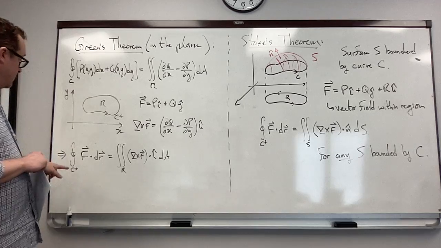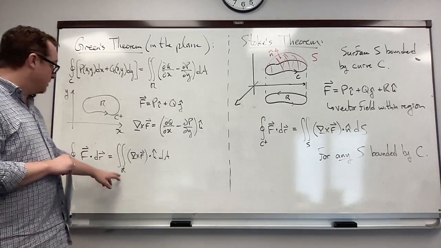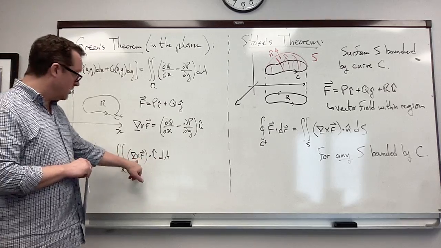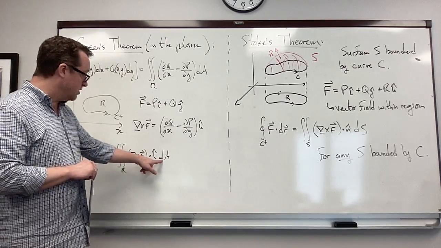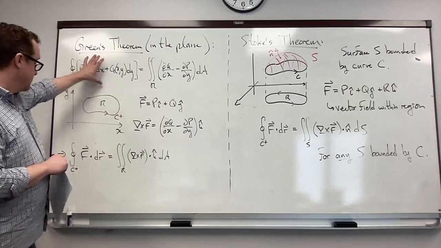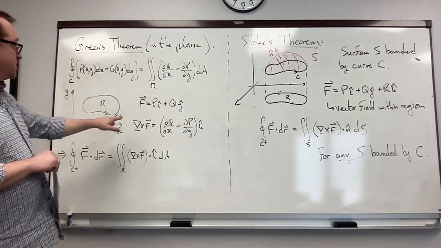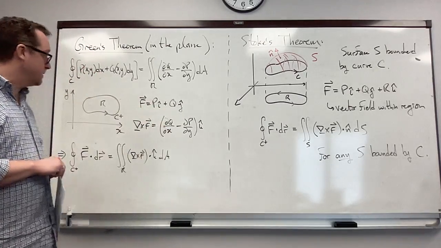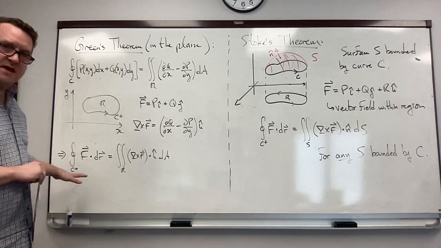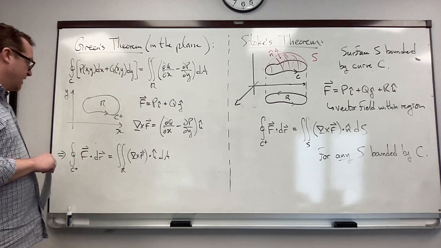This is actually equal to the double integral of the z component of the curl of F over the region R contained by C. So it's the same statement as this, as long as you realize that F equals Pi plus Qj. It's the same statement, just written in a more complicated way.